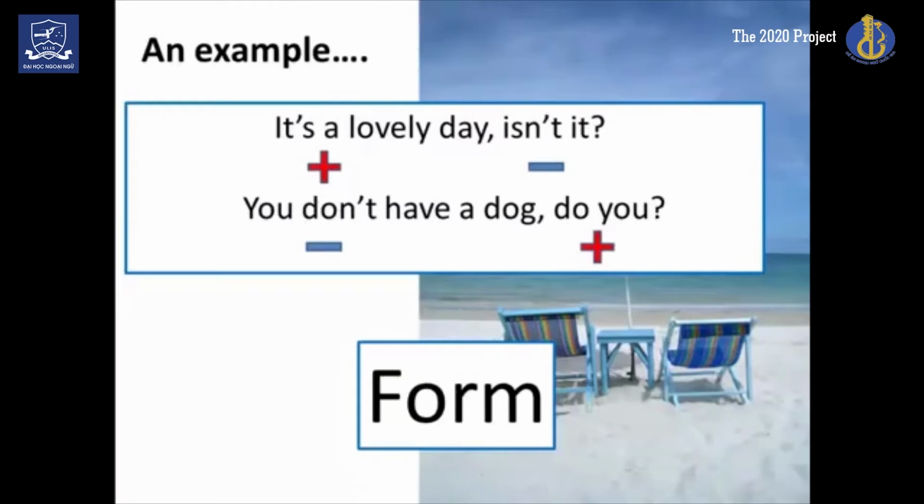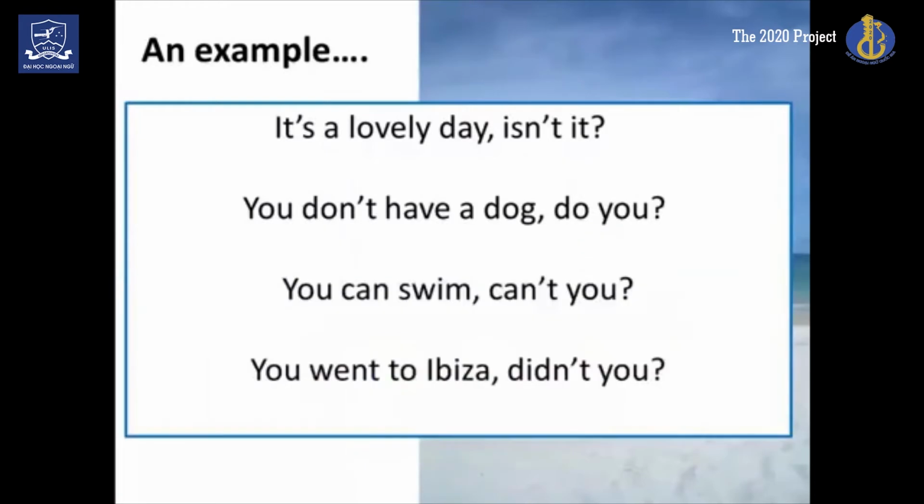We've then got other changes to do with the verb that's used in the sentence. For example, it's a lovely day, we've got the verb be here, and the verb be is used in the question tag. If we have an auxiliary verb in the main sentence, like don't here, then we use that same auxiliary in the question tag.